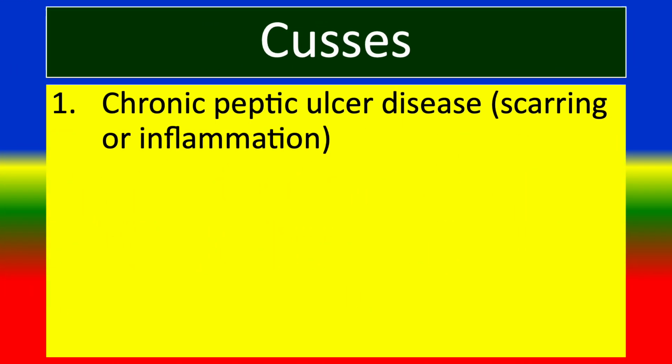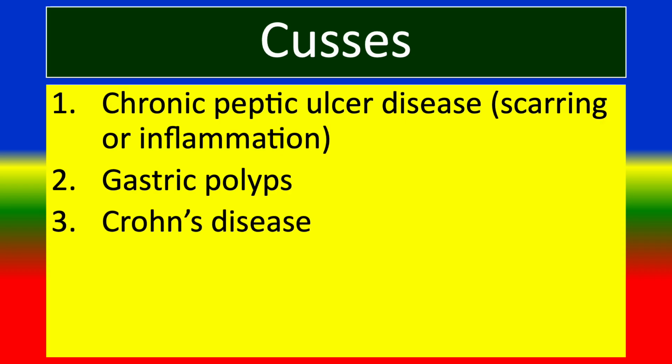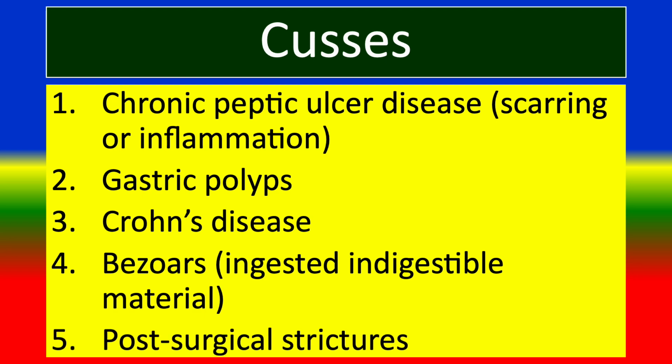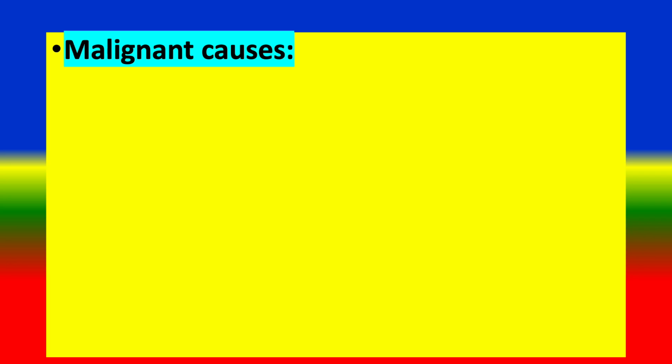Causes: 1. Chronic peptic ulcer disease, scarring or inflammation. 2. Gastric polyps. 3. Crohn's disease. 4. Bezoars, ingested indigestible material. 5. Post-surgical sutures. Malignant causes: 1.